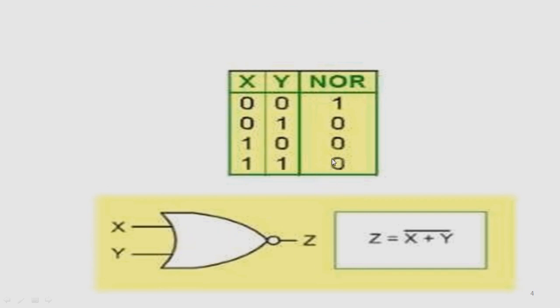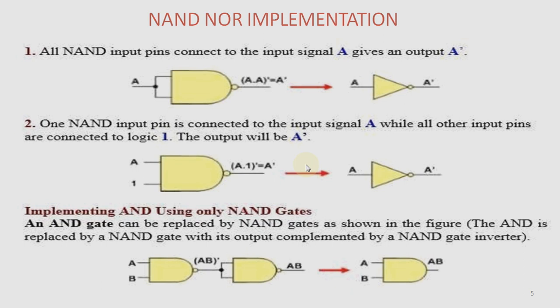That means we get the output as just the inverse of the OR gate. In the OR gate, for inputs 0 0 we get 0, for 0 1 we get 1, for 1 0 we get 1 and for 1 1 we get 1. But for the NOR gate the output is just the inverse of the OR gate. So the output is 1 for 0 0, 0 for 0 1, 0 for 1 0 and 0 for 1 1.